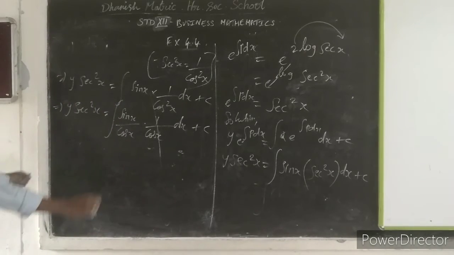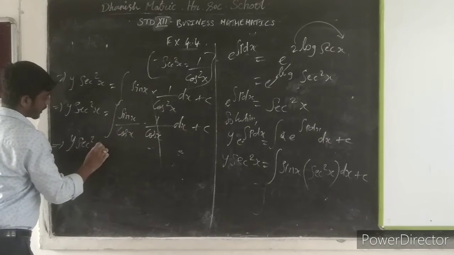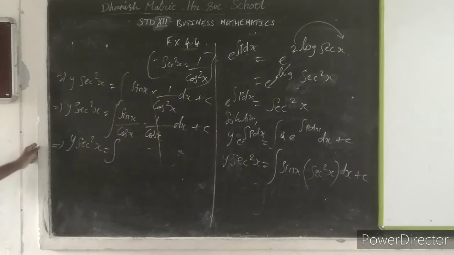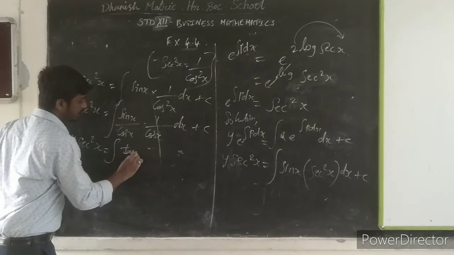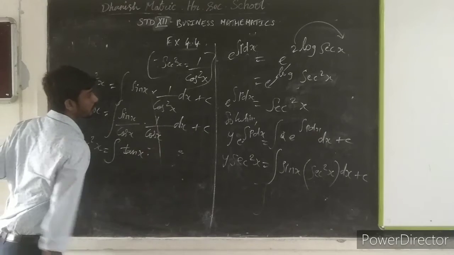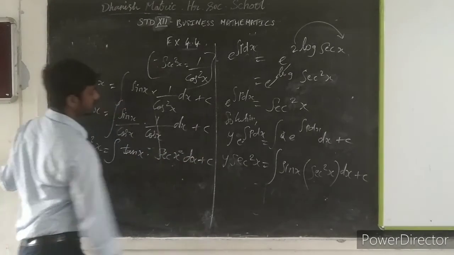Sin x divided by cos x will be tan x, and 1 by cos x will be secant x. So y secant square x equals the integral of tan x secant x dx plus c.